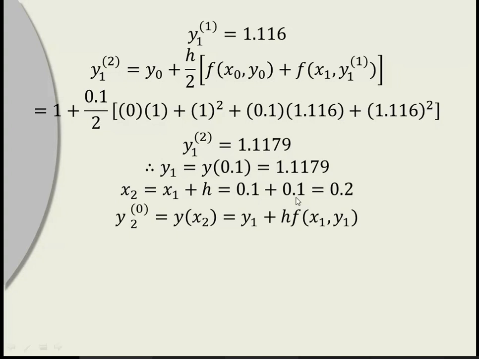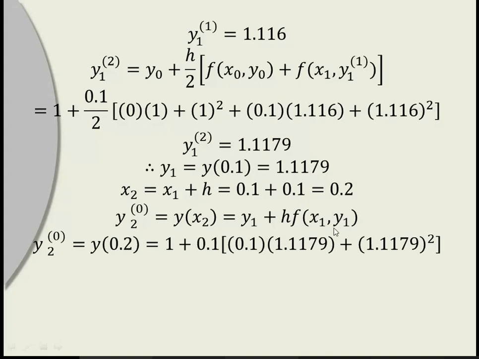So by Euler's formula, y2 will be y1 plus h into f of x1, y1. Now take this term as y1, which we got by using the modified terms, and do the simplification.